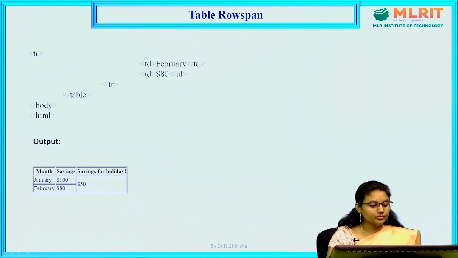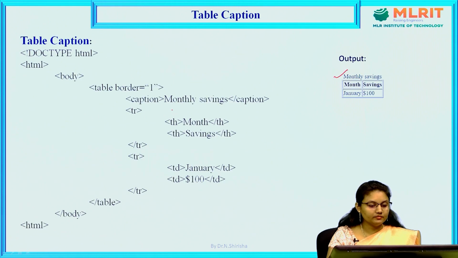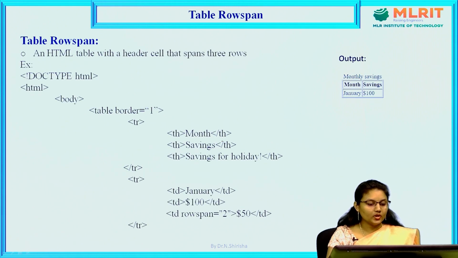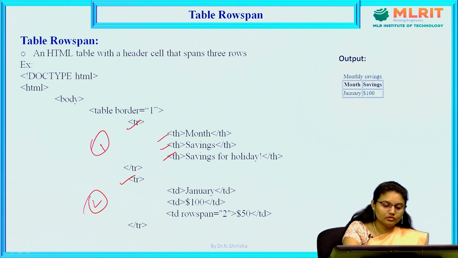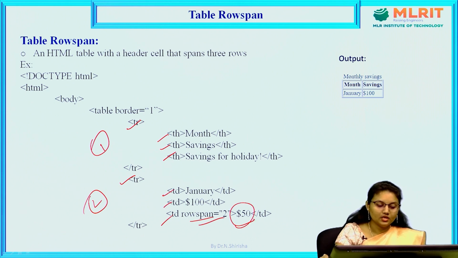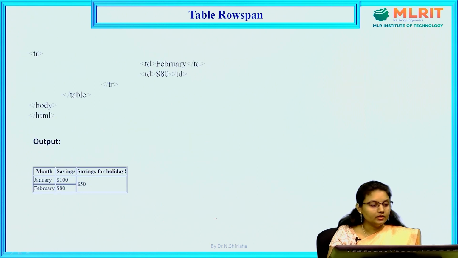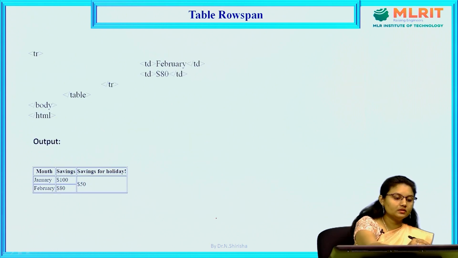So what did I do here is, in this example, if you see, we have taken one row and how many headings? 3 headings. And second row, this is second row, this is first row. In second row, you have taken 3 data. But for the third data, we have given a rowspan, right? If you take the next one, here, we have taken the third row.